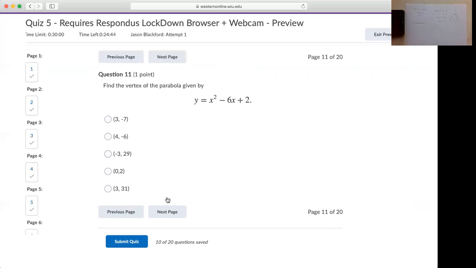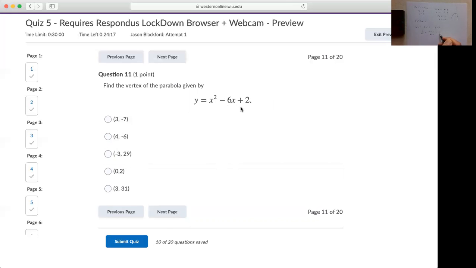All right, and then we use that formula to find the vertex of this parabola. Here, we can see that this is in the form of ax squared plus bx plus c, where a is 1, b is -6, and c is 2. So minus b over 2a is going to be minus -6 over 2 times 1.